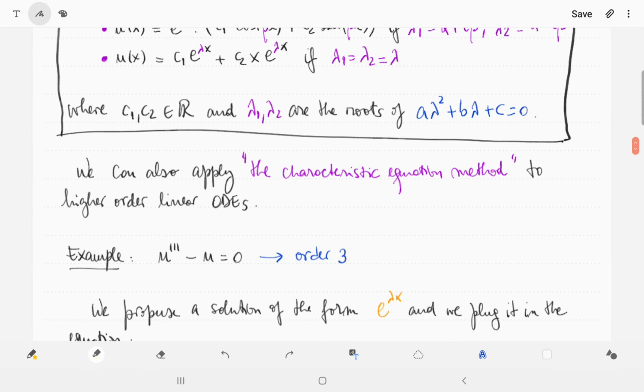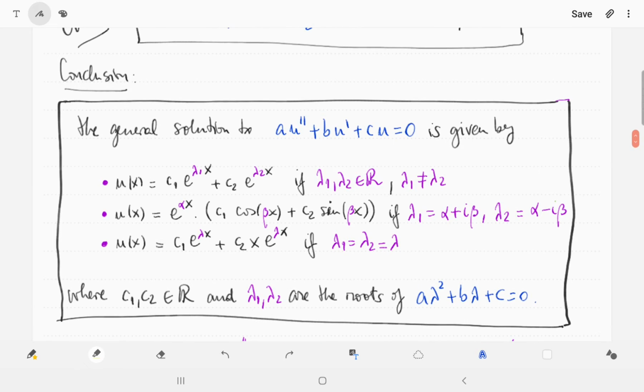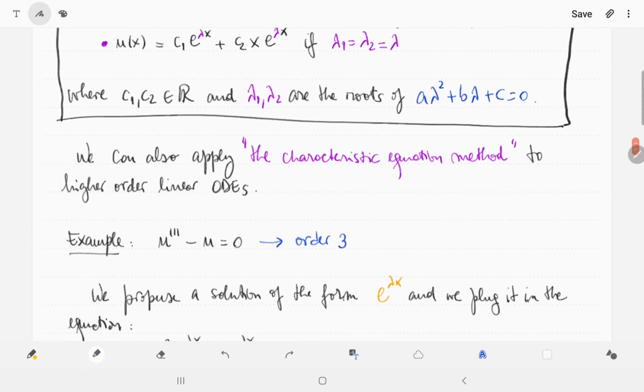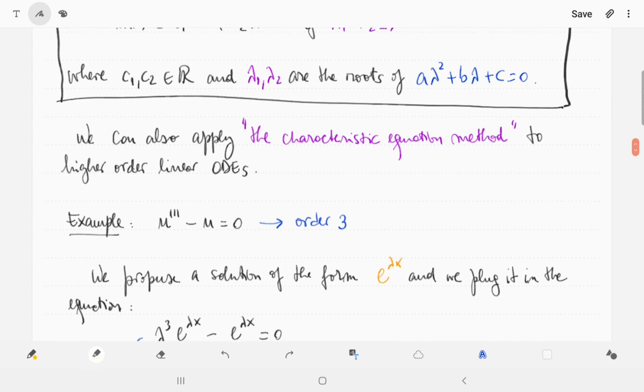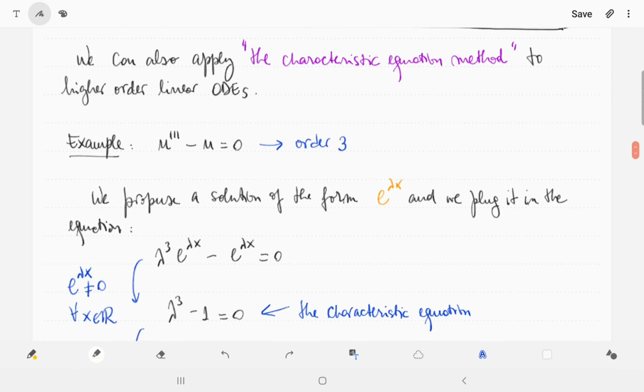We can also apply this characteristic equation method to solve higher order linear ODEs. So far we only saw this method applied to second order ODEs. So what if we want to apply this method to higher order ODEs? Let's see what happens in an example.